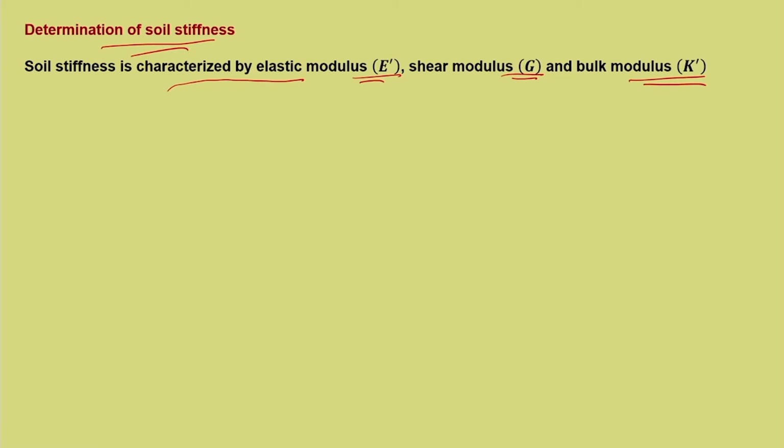K dash and E dash is shown to show that this is relevant only for effective stress condition when it comes to soil behavior. We also have EU and KU, which comes from the undrained test, but very specifically for the mechanical properties we will just consider E dash and K dash, and G does not need any prime because it is a shear modulus.